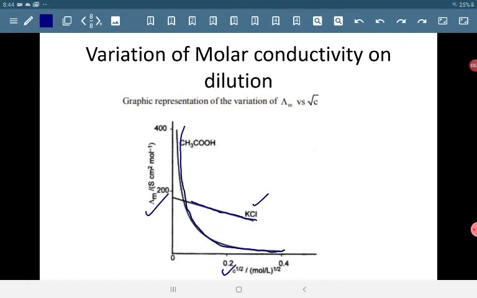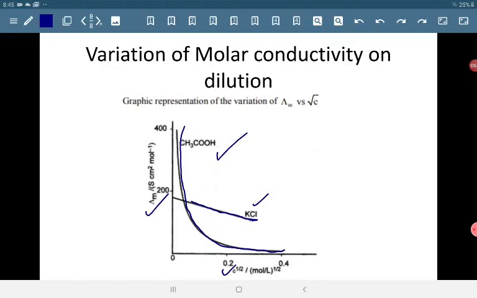You can see from the graph that for weak electrolyte the change is much more significant as compared to strong electrolyte. In case of strong electrolyte, molar conductivity no doubt increases on decreasing concentration, but the increase is not that sharp. So what is the reason for this?